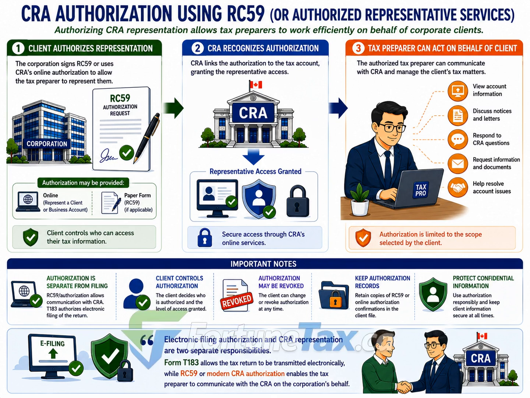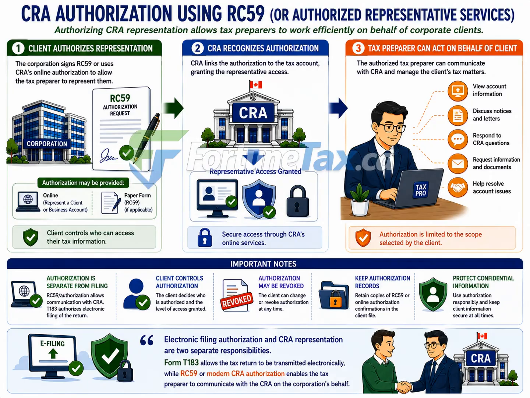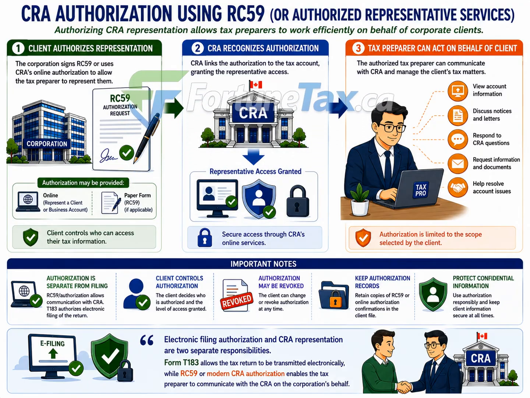The process begins when the corporation grants authorization to its representative. Traditionally, this was done using Form RC59, business consent. Today, many corporations provide this authorization electronically through the CRA's secure online services, such as Represent a Client or Business Account.